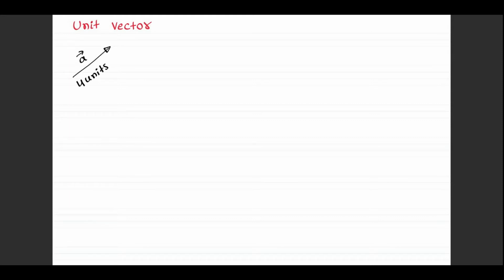Right? Can I write that vector as 16a? No, because if I write that as 16a, its magnitude will become 64 units. No, that was not what I intended. I intended to make a vector of 16 units in the direction of A vector, correct?